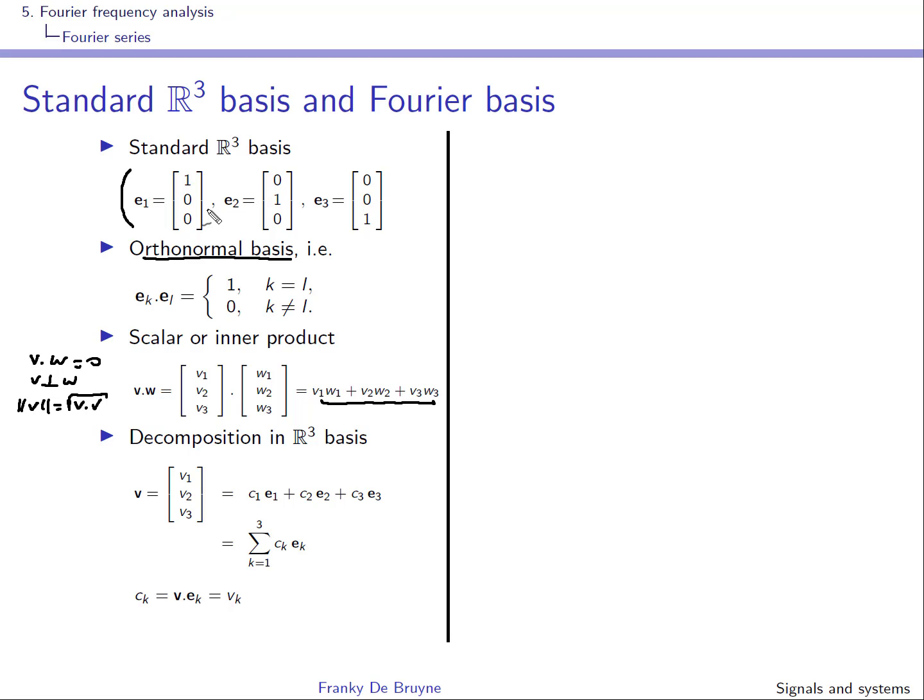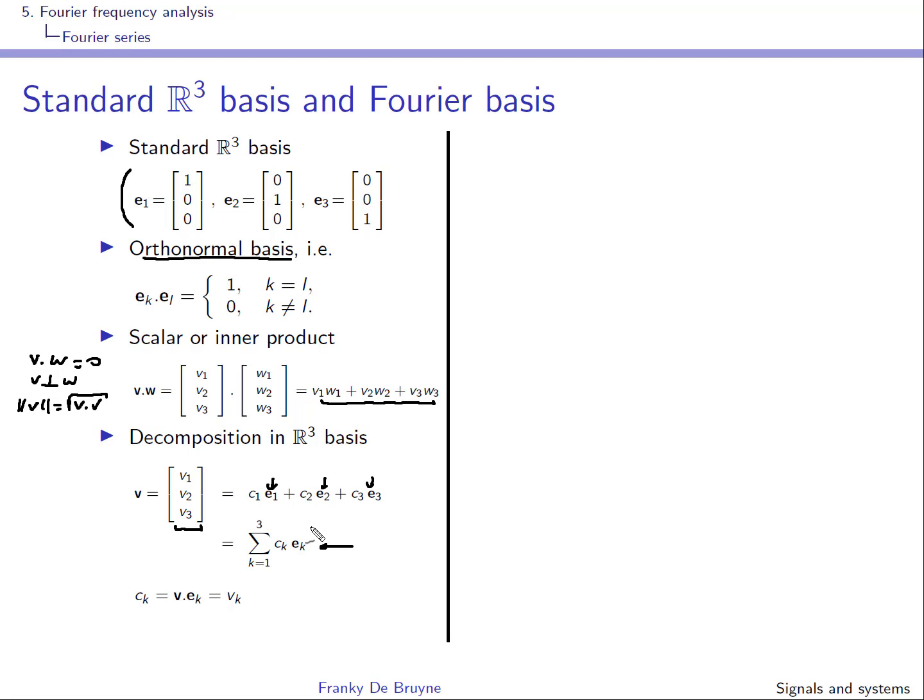So what you can do with this basis is that you can take any vector V and decompose it in the standard basis. This means that you write it as a linear combination of the vectors E1, E2, E3, and this can be written like this. Here you're going to say, why does he write C1, C2, C3?